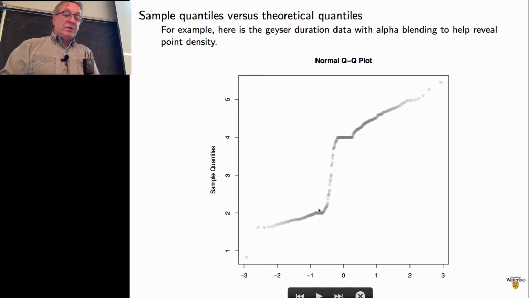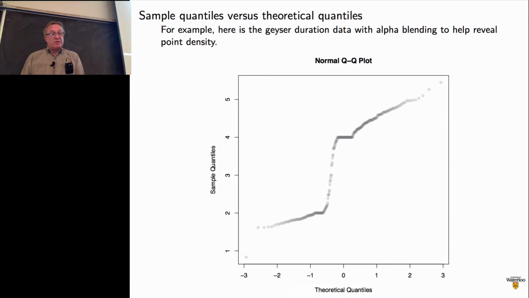Looks like a mixture distribution. Okay, I've got a mode here, a thin part, and another mode up here. So a mixture of two normals might be an interesting way to model the duration. Okay, it's definitely not a Gaussian distribution. Any questions? Okay, that's where we ended last day.